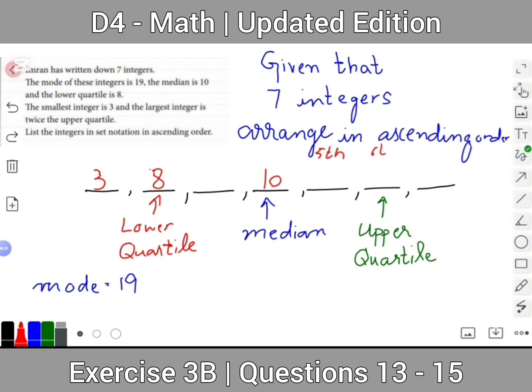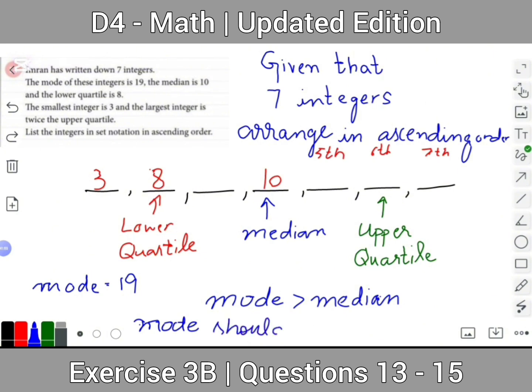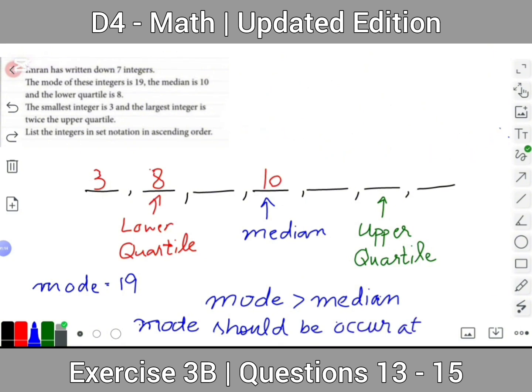Since it is larger than the median, the mode should occur at the 5th, 6th, or 7th position.